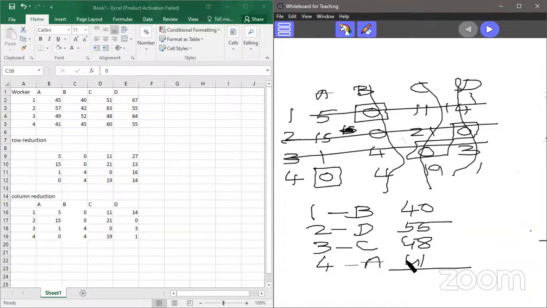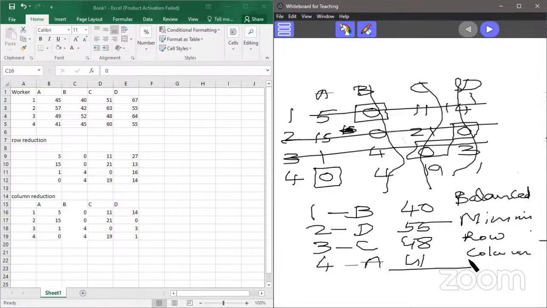See, I'll come again. First, we have to check whether the problem is a balanced problem or not. If it is not a balanced problem, we have to make it a balanced problem by creating a row or a column. Then we have to check whether it is a minimization problem or not. Then we have to do row reduction, column reduction. Then we have to cover all the zeros with minimal possible lines.